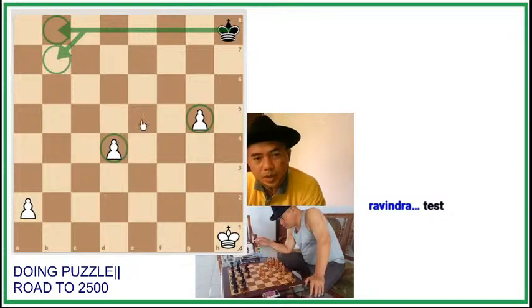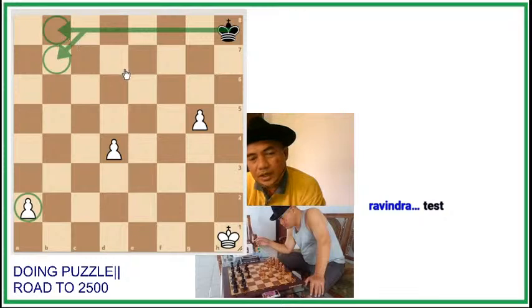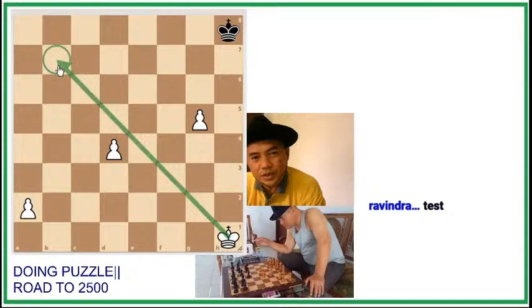So if there is only this pawn, then black can go here. It will assure the draw for black. And if white can go here or here, then this will assure the victory, the win, for white.